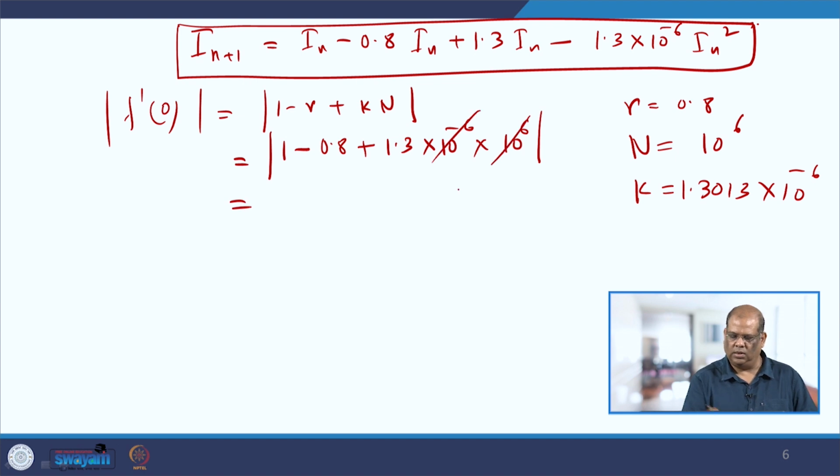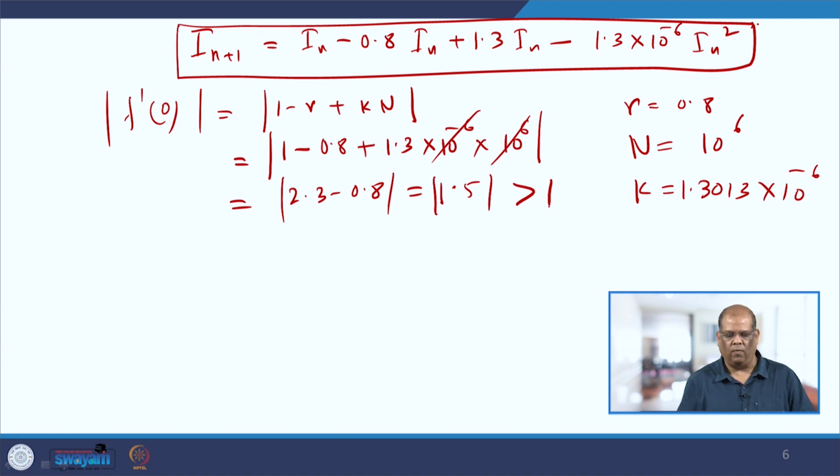So, these cancel each other, and you get 2.3 minus 0.8, and this value will be equal to 1.5, and this is greater than 1.